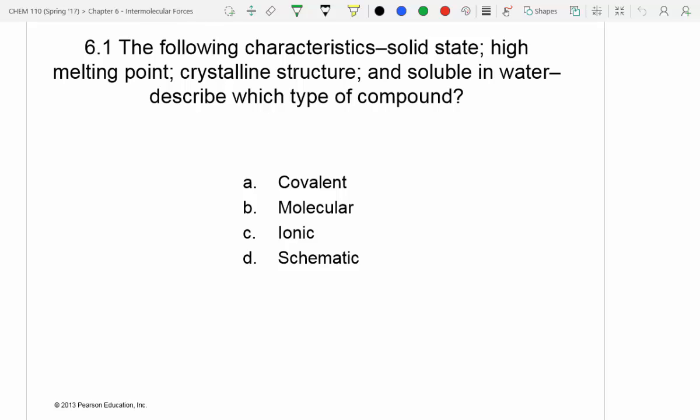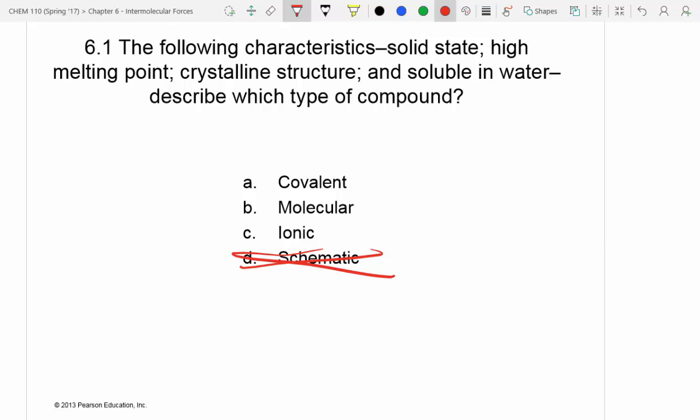So let's first go to solid state. Can covalent molecules be solid? Yeah. Sugar is, we know. Molecular compounds, it's kind of the same thing, right? Ionic compounds like salt can definitely be solid. Schematic doesn't make any sense, so let's cross out schematic.